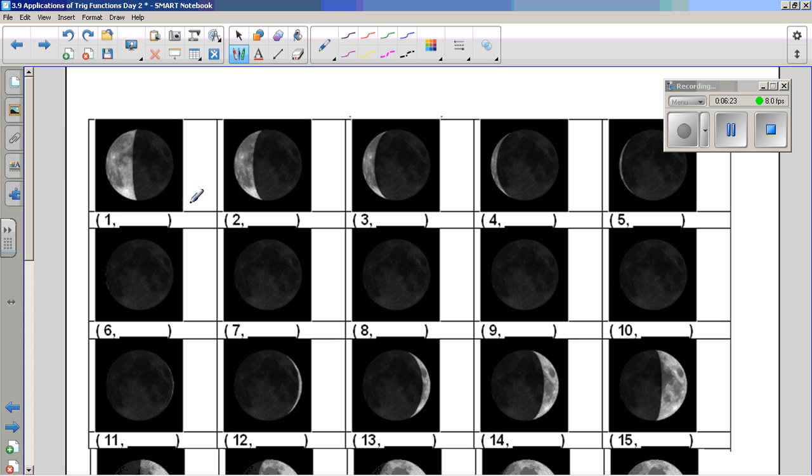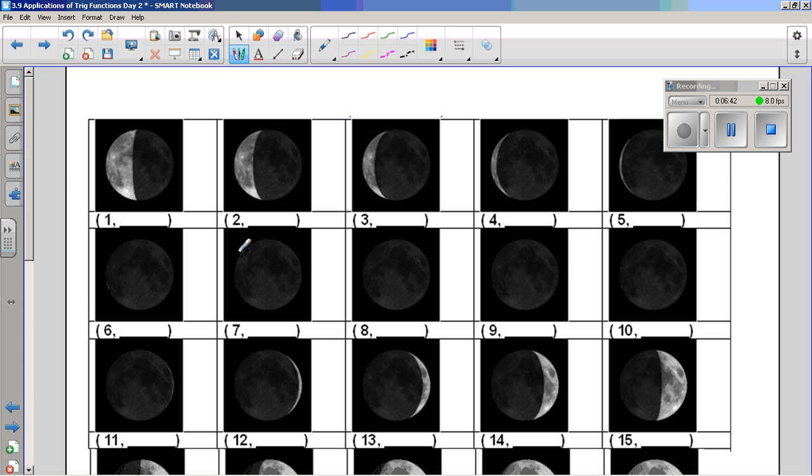Anyway, it's the moon. And from day to day, it'll be showing either more moon or less moon, depending on whether we're getting close to a new moon or full moon. Your task, and this is the day of the month, is just to write in what percent of the moon it appears like it's showing.